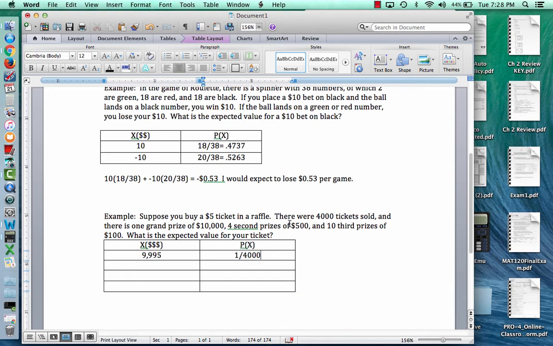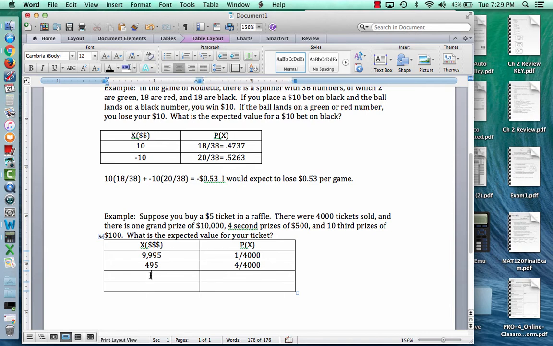Now, there are 4 second prizes of $500. So if one of my tickets wins the second prize, then I win 500 minus 5 because I've already paid 5, so I would win $495. Well, what's the probability that I'm going to get the second prize? Remember, they give out 4 second prizes, so there's a 4 out of 4,000 chance that they'll pick my one ticket for the second prize.